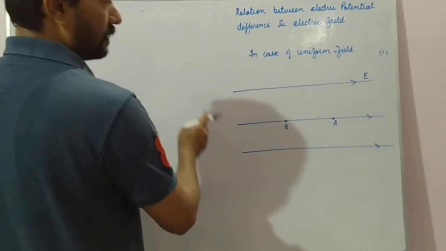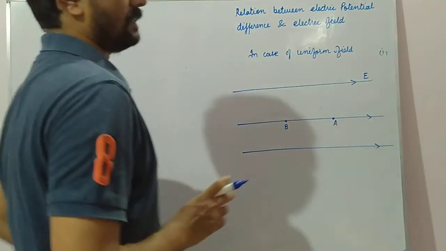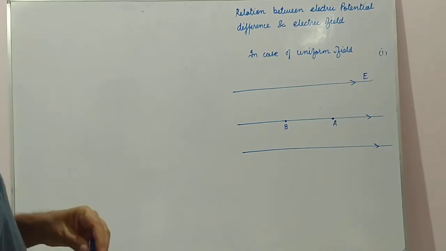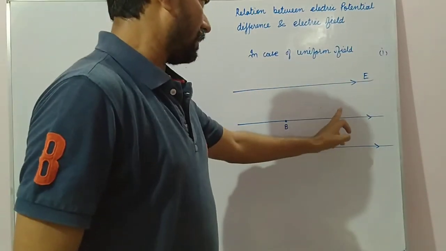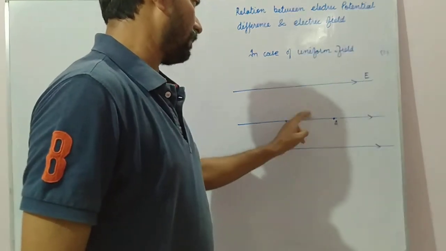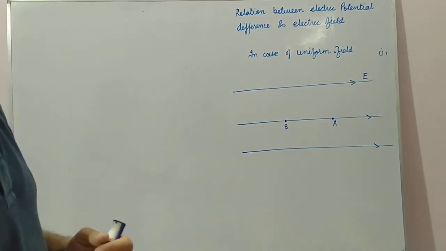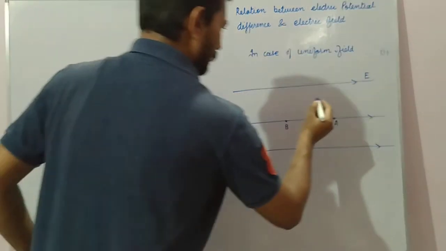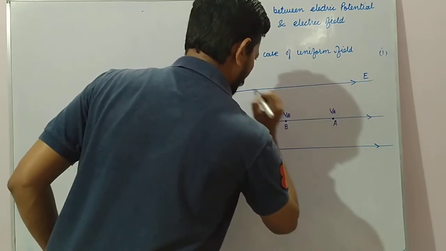That means what? There is some source charge here. That is why electric field is moving along right direction. And earlier also I have told that here potential at A will be what? Less than that of B. And here remember we are generally concerned with positive charges.